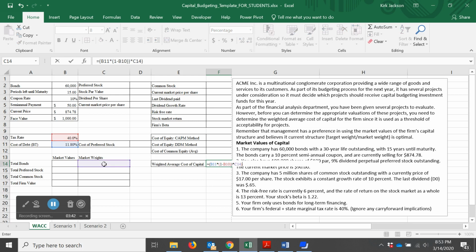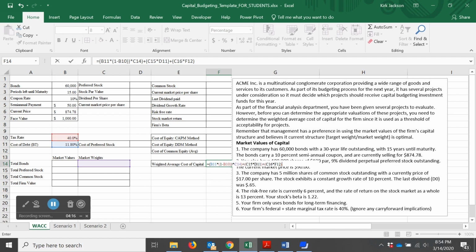And so I encourage you to look at the chapters related to that, because what you'll discover is that you'll need to do the preferred stock here, which I just did, plus the common stock times the average of these two, which would be in that cell there.